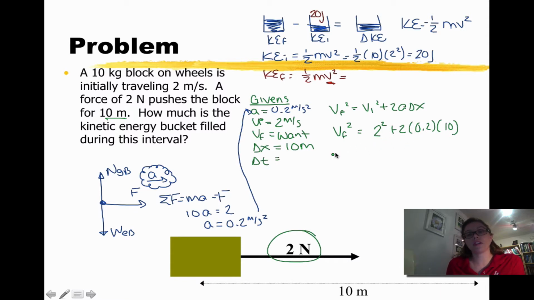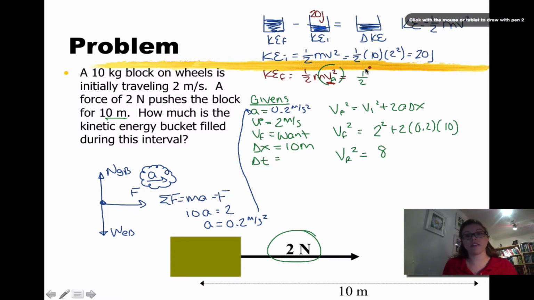So 4 plus 4, Vf squared is equal to 8. And over here we have Vf squared, so we could just put in 8 for that. So it's 1/2, the mass is 10, times Vf squared, which is 8. So 1/2 of 8 is 4, times 10 is 40 joules.